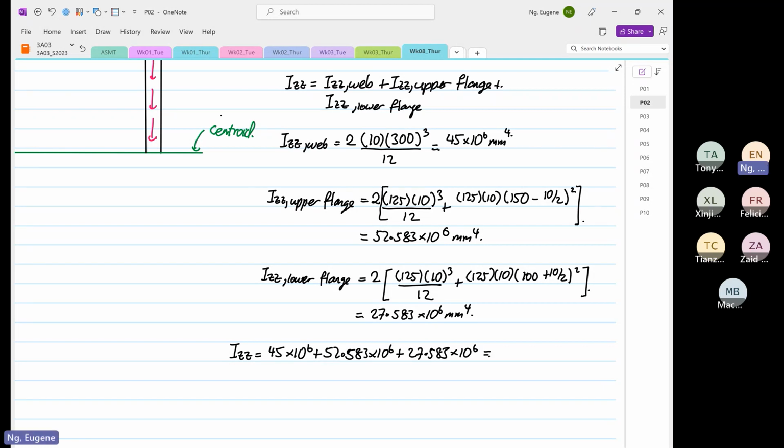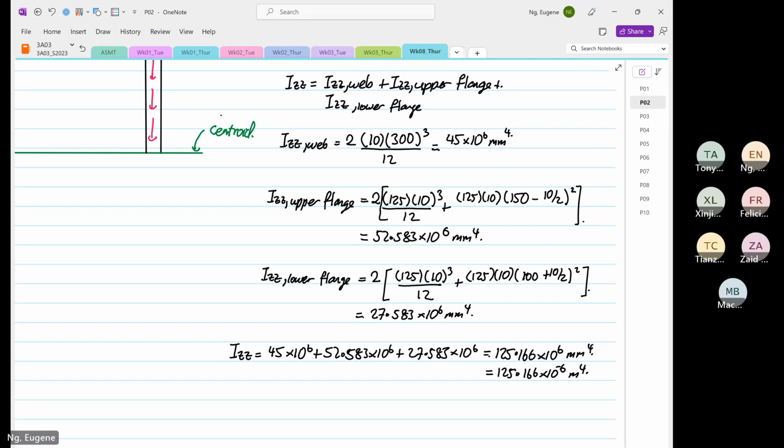Okay, so 45 power 6 plus 52.583 power 6 plus 27.583 power 6 is equal to 125.166 times 10 to the power 6 millimeter 4. Let me do it again. Yep. Okay. Or it can be equal to 125.166 times 10 to the power minus 6 meter 4.